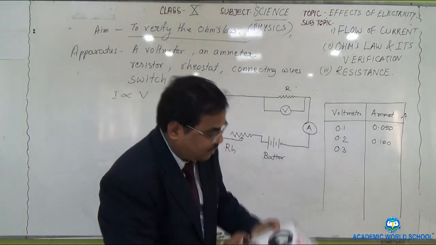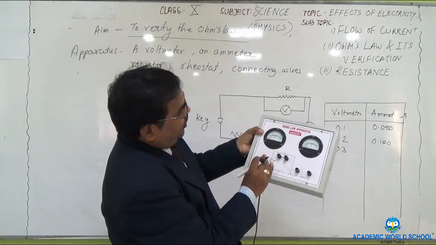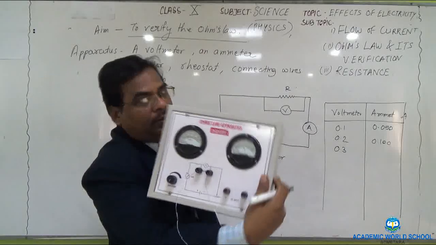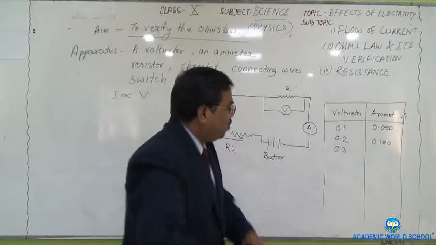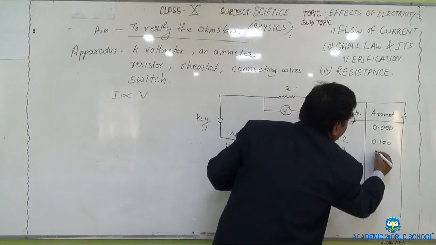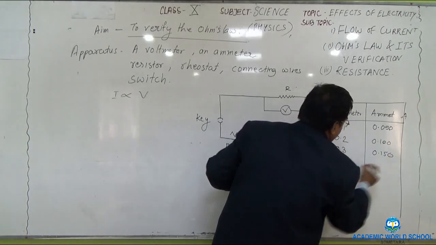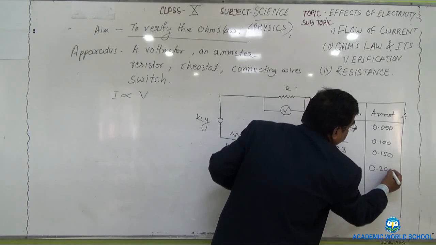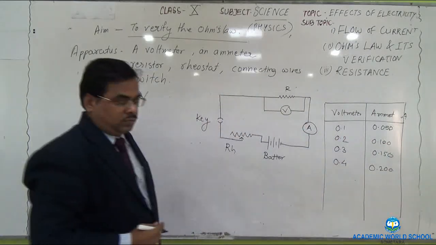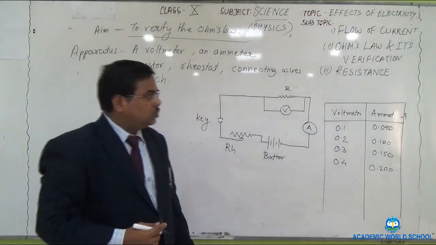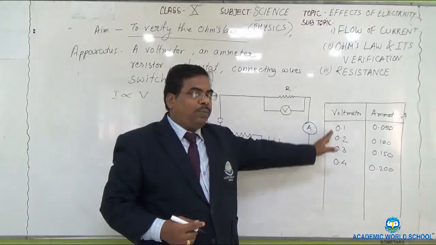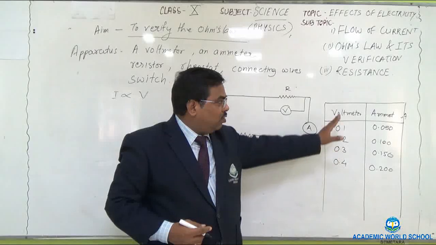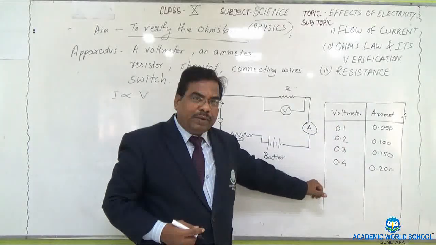Next I increase it to 150. The reading of the voltmeter is 0.3. So this is how we will obtain one table between the voltmeter and the ammeter.